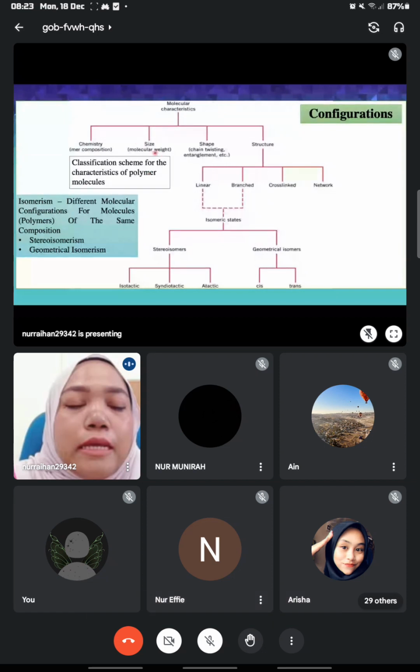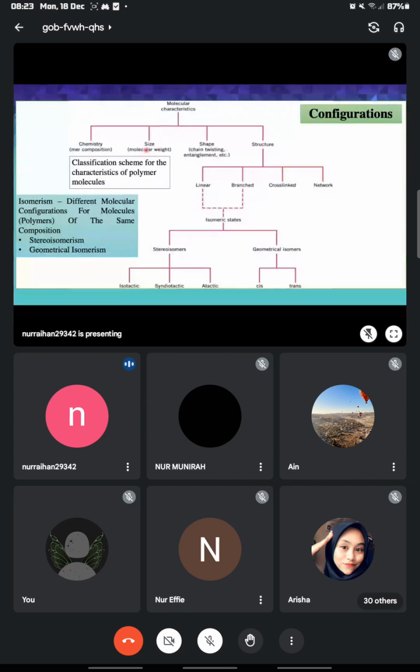You can classify your polymer in terms of the size, either high molecular weight or low molecular weight, and you can categorize your polymer molecule by shape. It means either there is chain twisting or entanglement of the chain, and the last one is in terms of the structure. Under the structure, you can mention that this polymer is either linear, branched, or cross-linked, and also network.